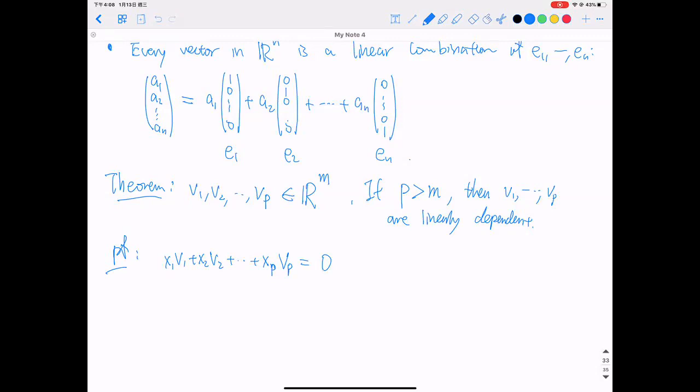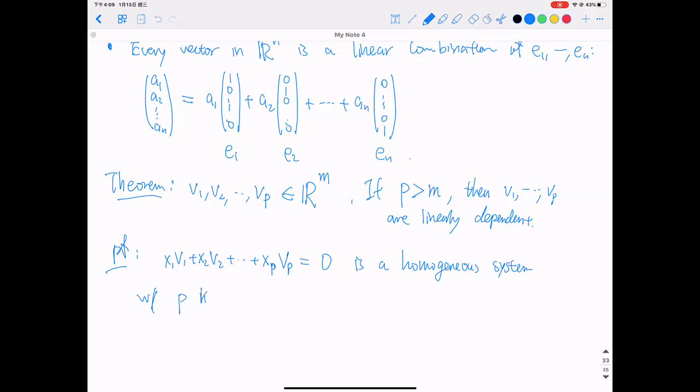And just notice that this is a homogeneous system with how many unknowns? With p unknowns, x1 through xp, right?